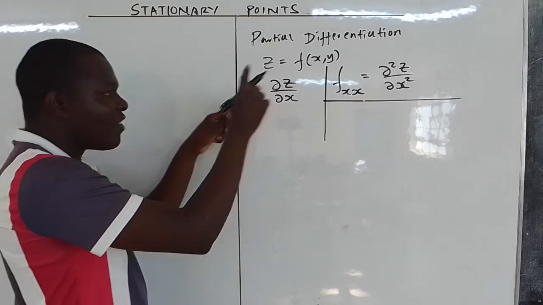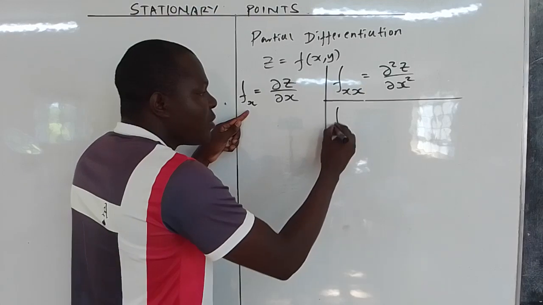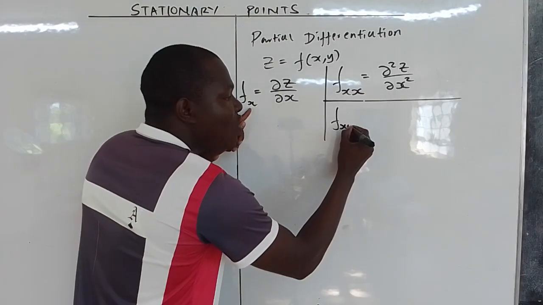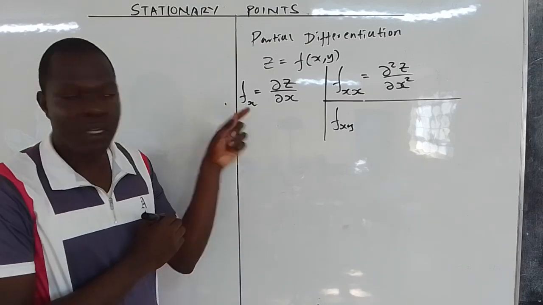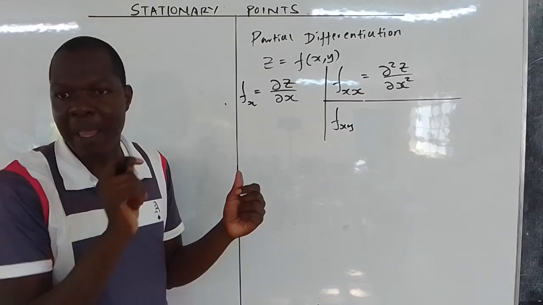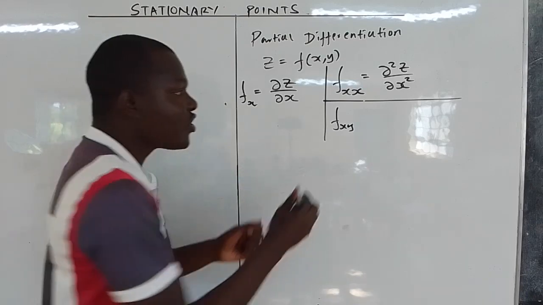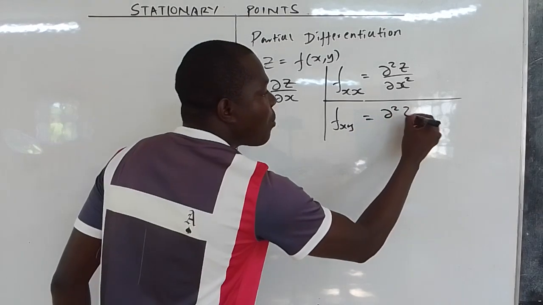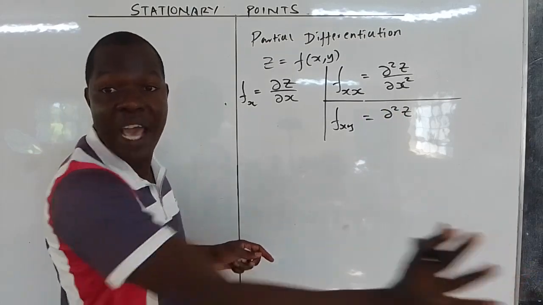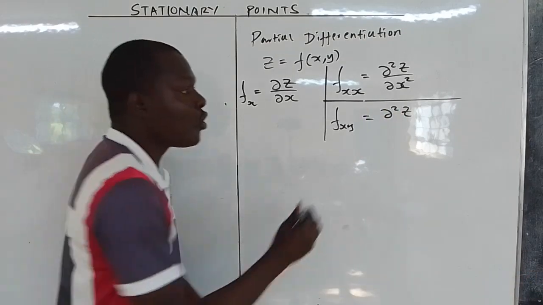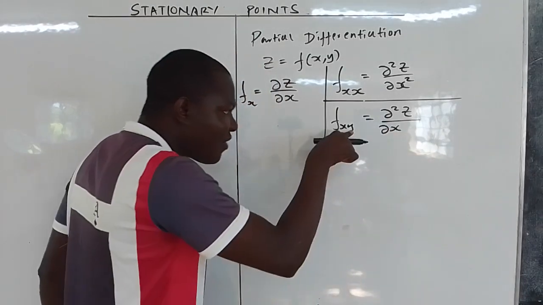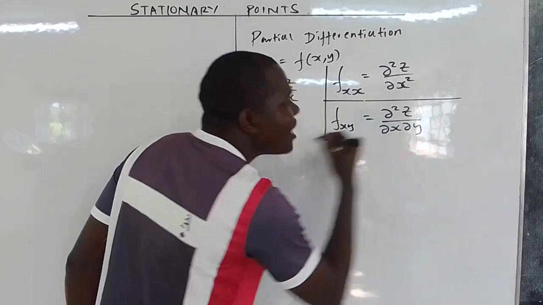Here you can see the first time you differentiated partially with respect to x, then the second time you want to do it partially with respect to y. You put that as a subscript to show partial differentiation; ordinary is prime. This one is the same as partial squared z, where squared means you've done differentiation twice: over the first time partially with respect to x, then the second time partially with respect to y.